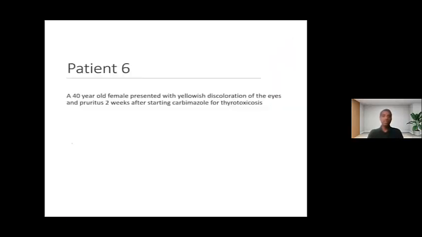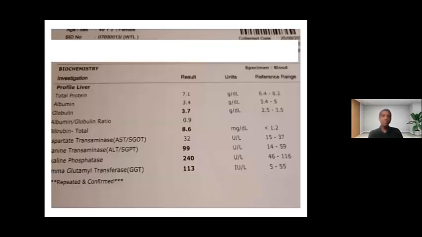So the 40-year-old female presented with yellowish discoloration of the eye and pruritus 2 weeks after starting carbimazole for thyrotoxicosis. So this is her liver panel.